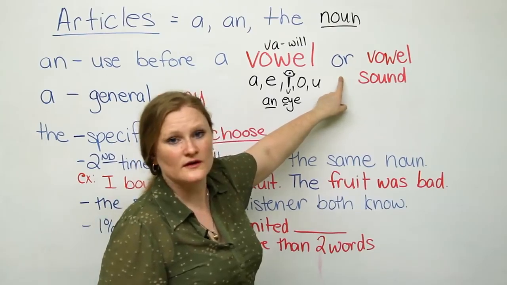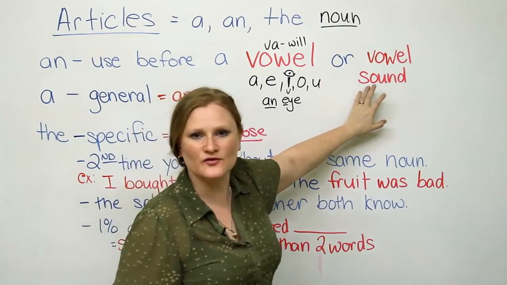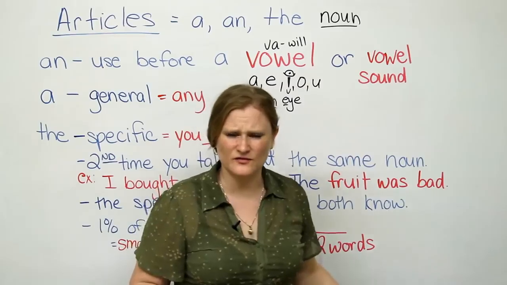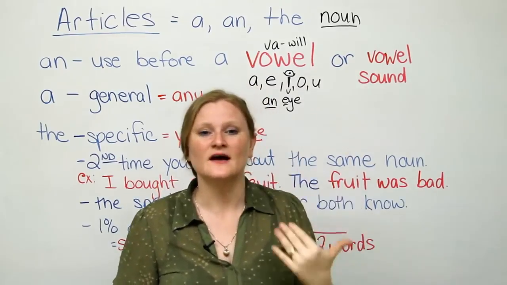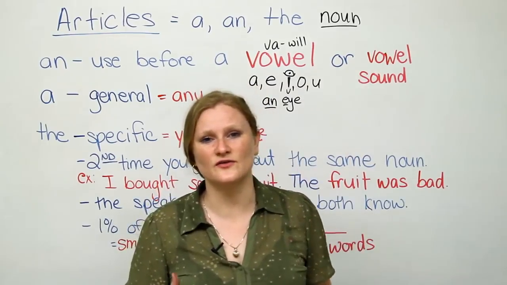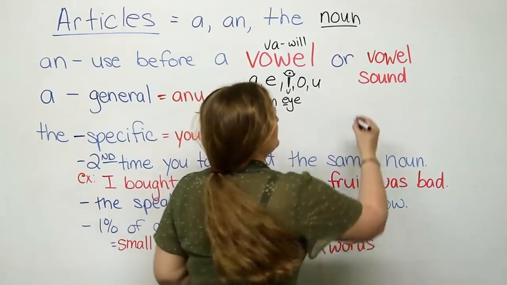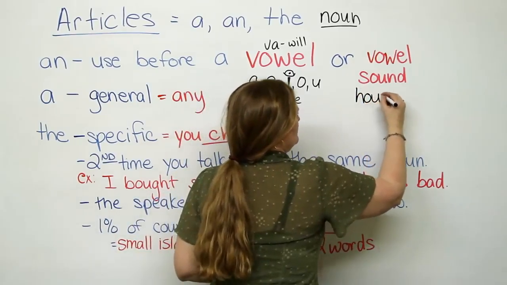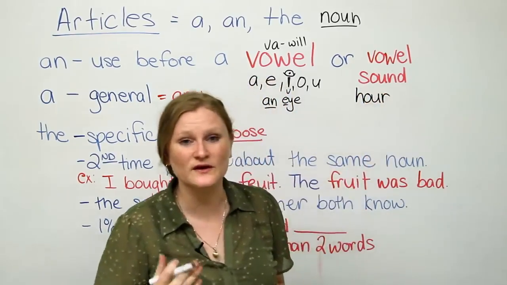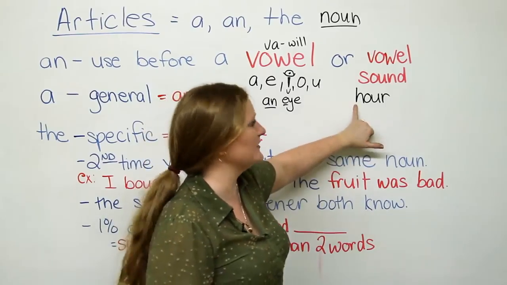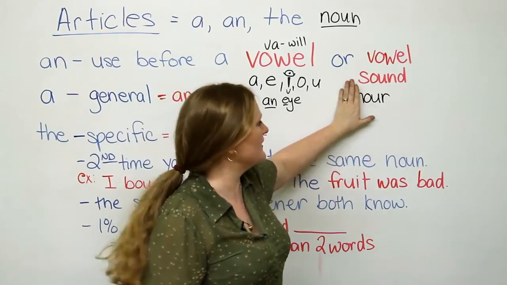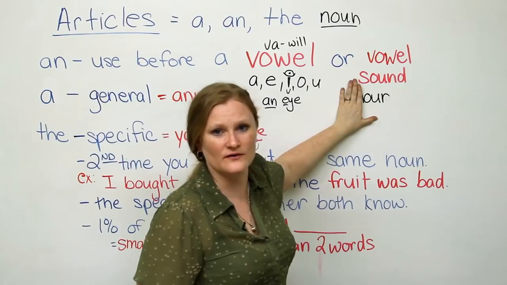Or, if the word begins with a vowel sound. What is a vowel sound, Ronnie? A vowel sound is usually always the letter H. For example, the word hour. We do not even say the H. It sounds like we're saying our.